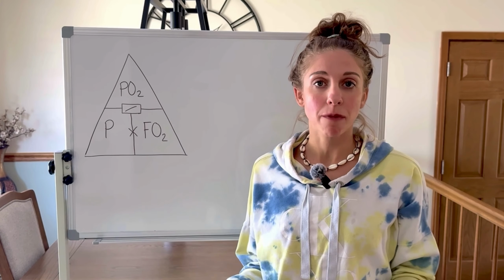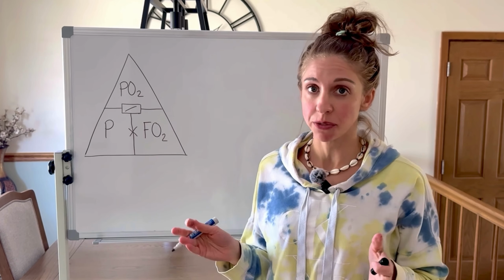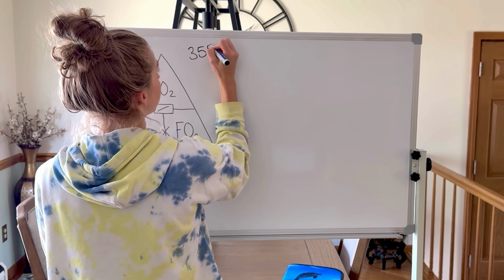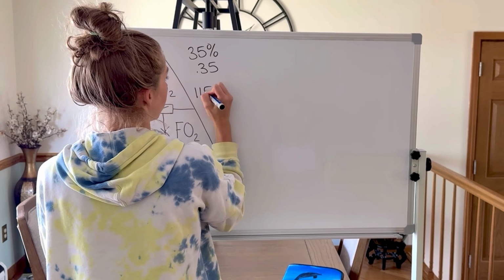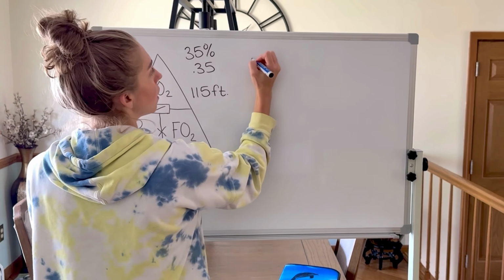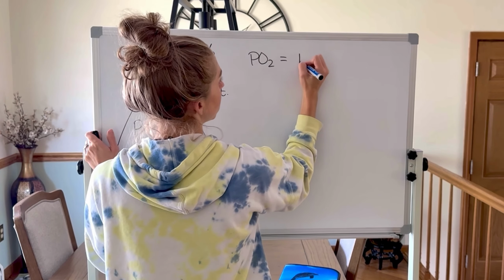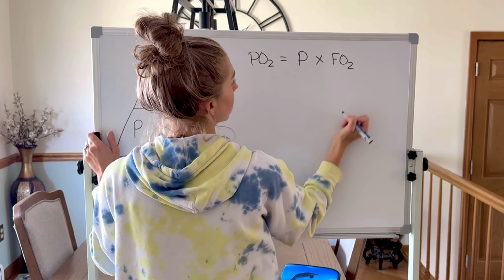So we're going to use 35% oxygen again, but this time we're going to dive down to a depth of 115 feet. Our PO2 equals our pressure multiplied by our oxygen.